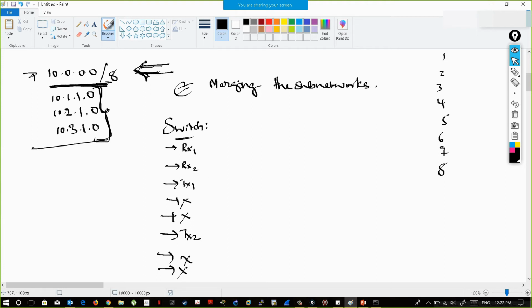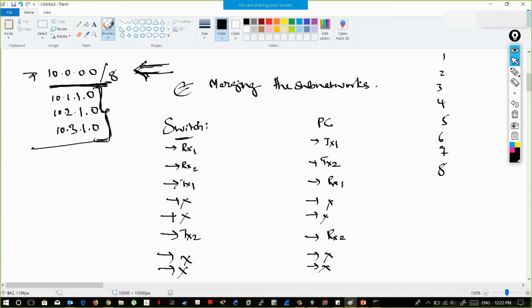Whereas in a PC, first will be transmitting, second will be transmitting, third will be receiving, fourth and fifth will be dumb, sixth will be again receiving, and seventh and eighth will be dumb. These are for other purposes. Then it's the opposite.